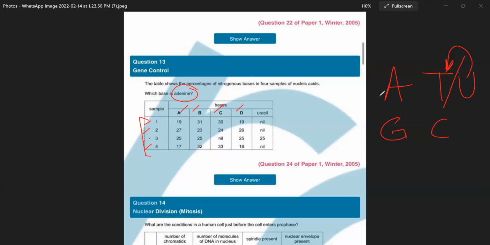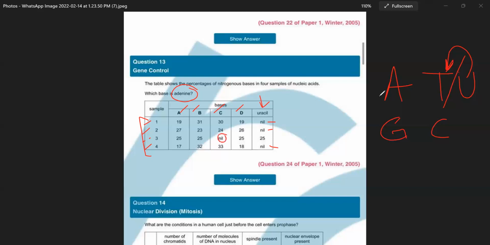Now they've given us one hint over here, which is uracil. Let's use this to reach some conclusion. If you notice, uracil is nil, nil, and nil, except in one of these, in which uracil is not nil, it's 25.